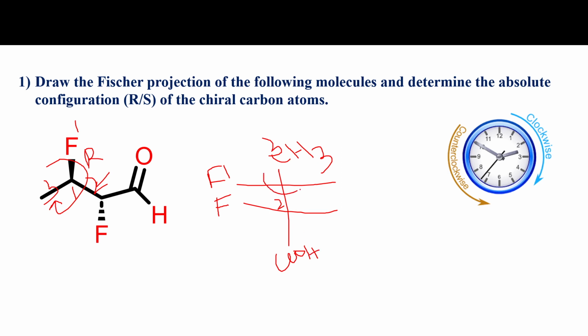First, second, third rotate counterclockwise. The 4th priority is below the plane. Sorry, not below the plane, it is horizontal. So this will be R.